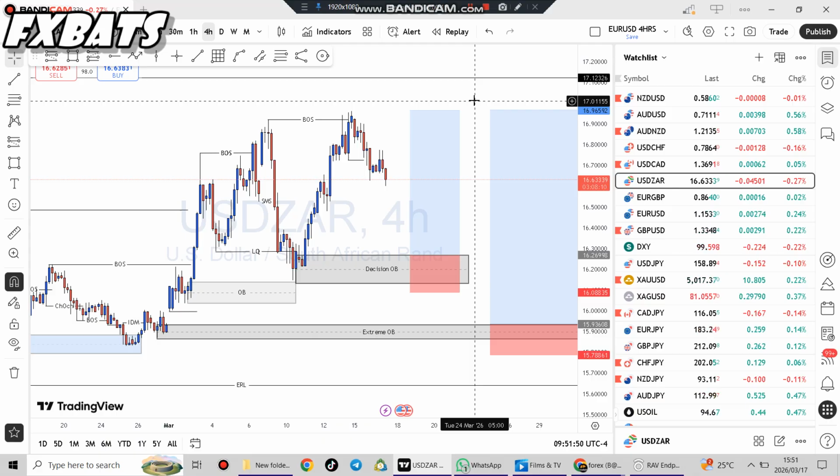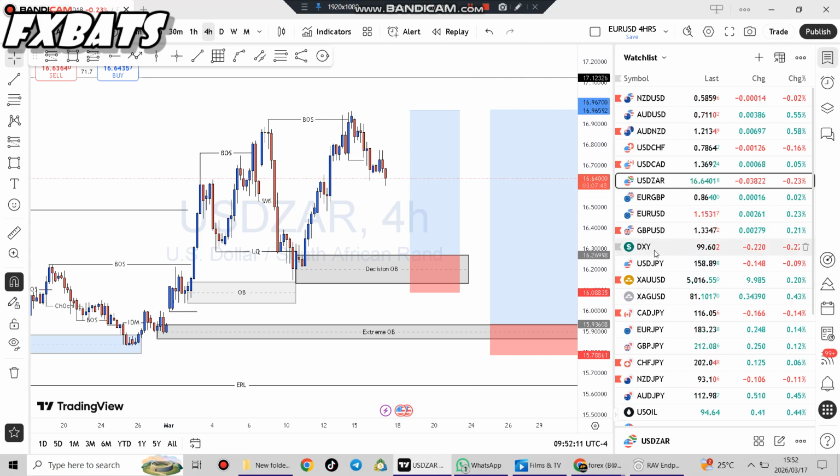I'll look at gold and silver, then oil again. Yesterday I took some setups on oil, but it didn't play out that well because oil seems to still be consolidating as we speak. But let's dive into DXY.